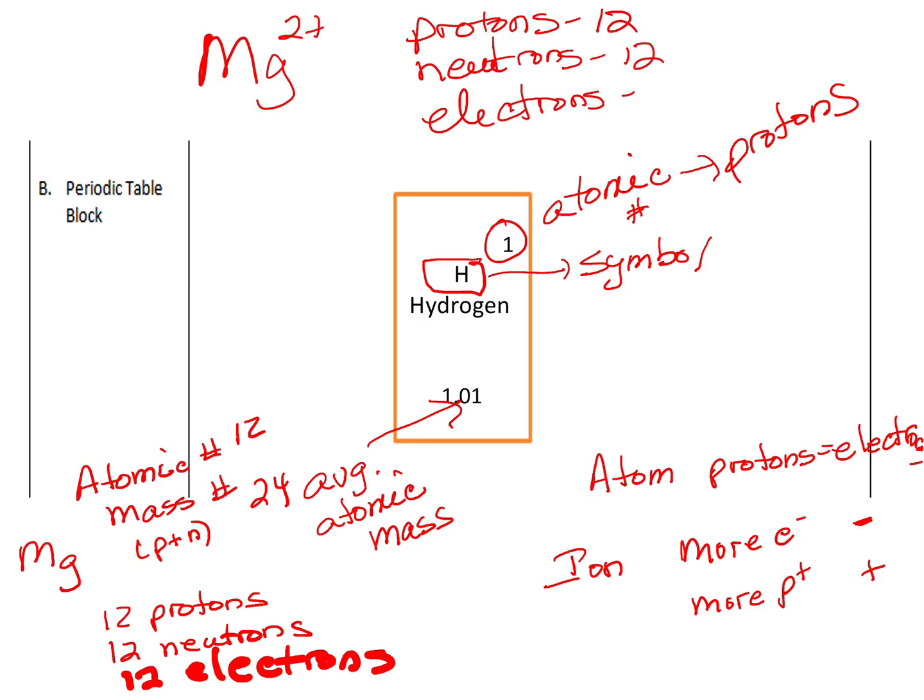That means there are two more positive particles than there are negative particles. And if our positive particles are our protons, then there must only be 10 electrons if our ion has a 2+ charge.